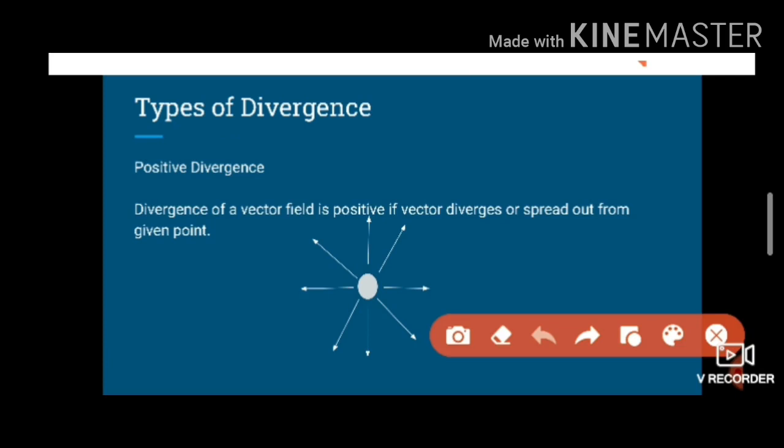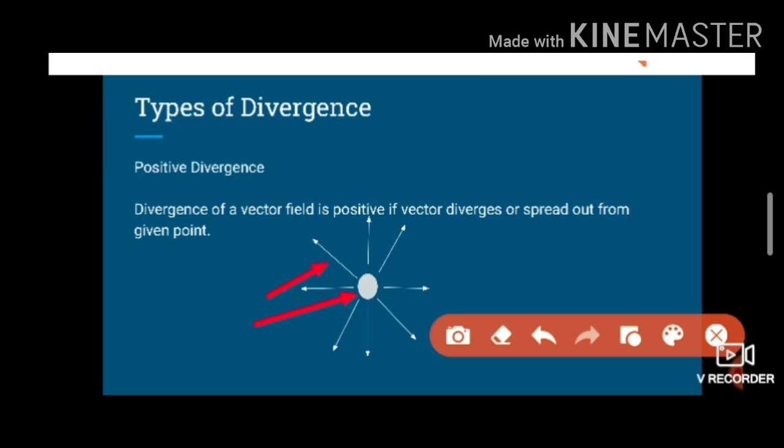Let us see what is positive divergence. Divergence of a vector field is positive if the vector diverges or spreads out from a given point. Consider this point. Now we are finding the divergence at that point, and at that point we can say the divergence is positive if vectors from that point diverge, means the direction of the vectors is away from that point.